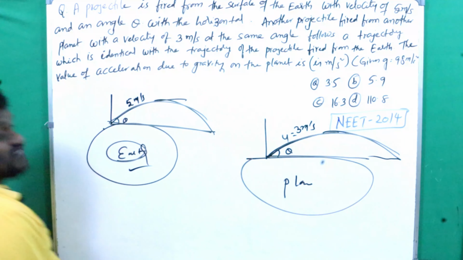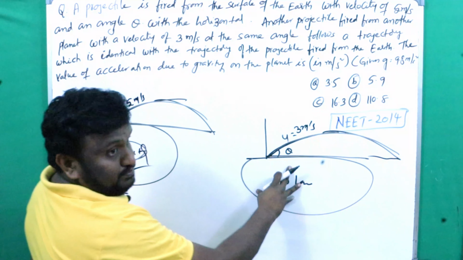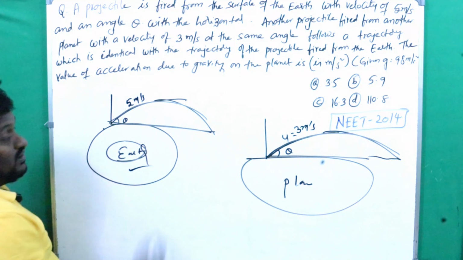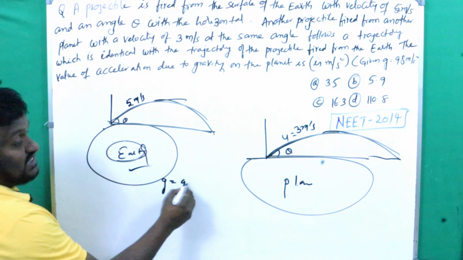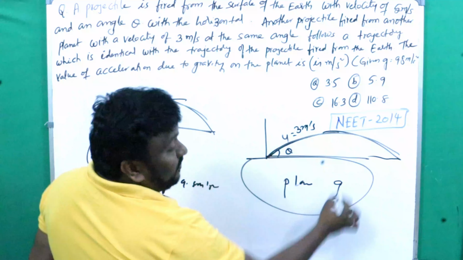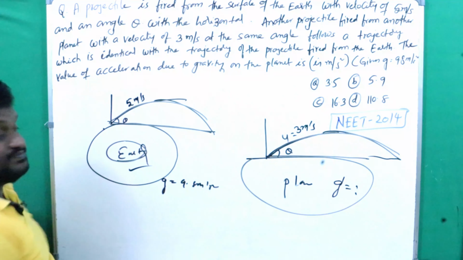That means both indicate the parabolic path. On earth surface it is parabolic, and on the other planet also the same, because it was given as identical paths. Now the value of g on earth is 9.8 meter per second square. Now we have to find out the value of g on the planet. That is the question.